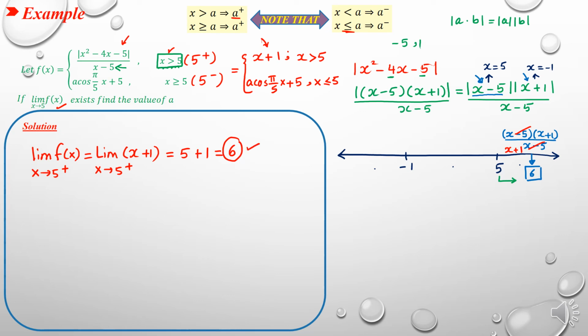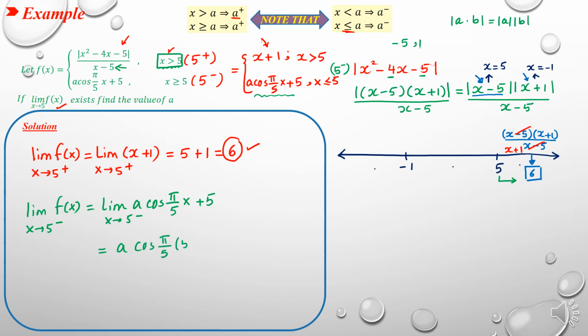Now what about the limit from the left? From the left, x is less than or equal to 5, so you have to take this function. The limit of f(x) when x goes to 5 from the left equals the limit of a cosine of pi over 5 x plus 5 when x goes to 5 from the left, and this is equal to a cosine of pi over 5 multiplied by 5, plus 5.